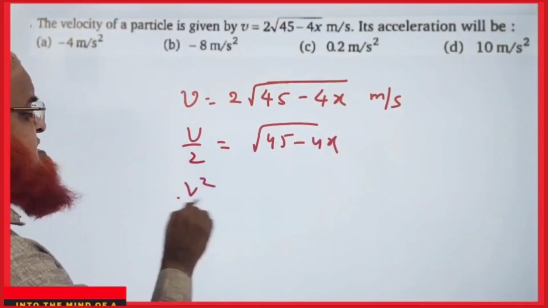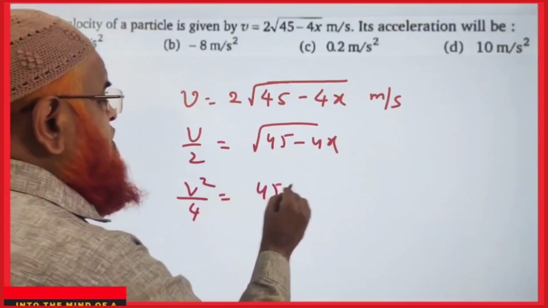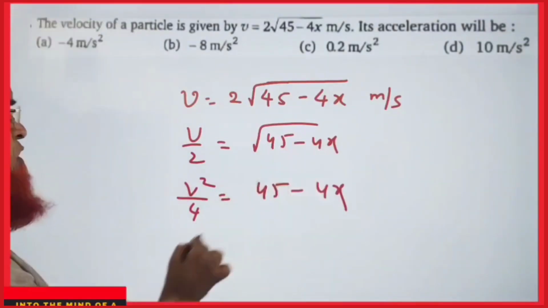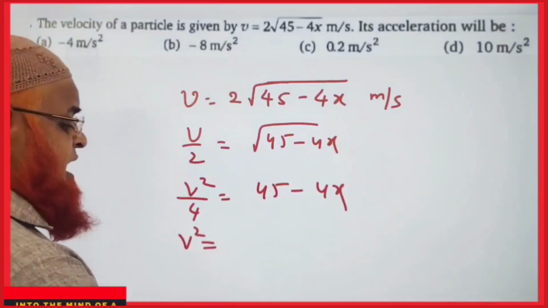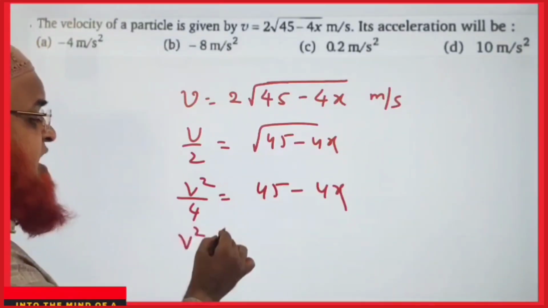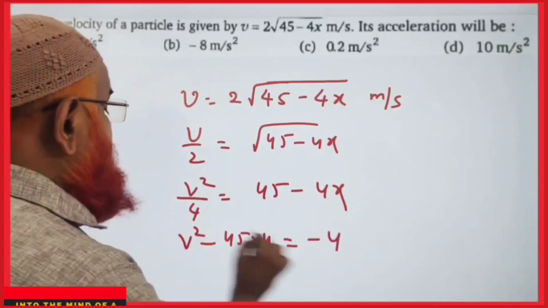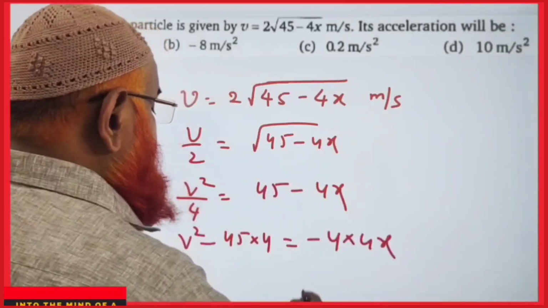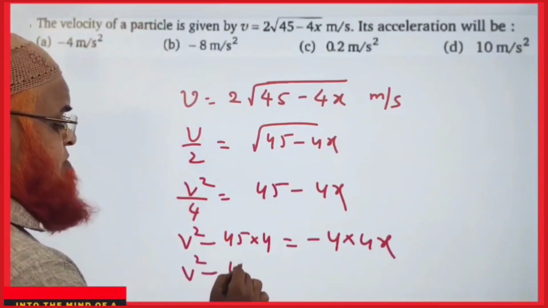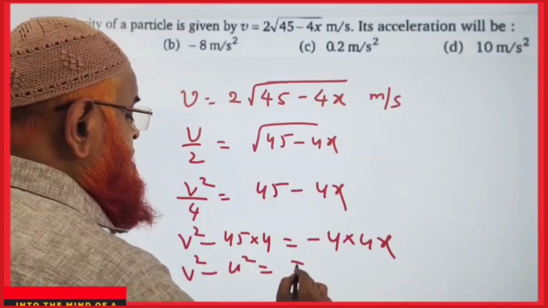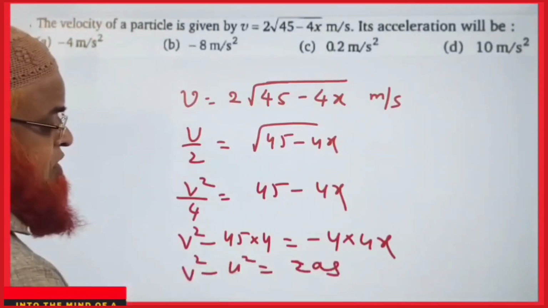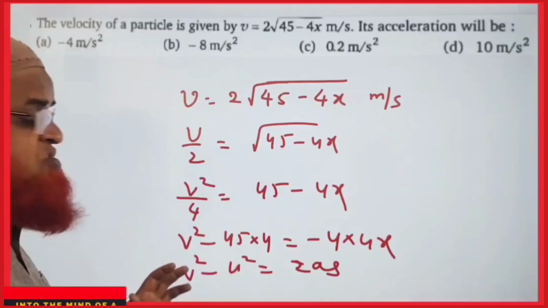Squaring on both sides, v square by 4 is equal to 45 minus 4x. You send this 4 to that side, it will become v square, and take this 45 to the left side and multiply with this 4, which is equal to minus 4 into x, which is nothing but v square minus u square is equal to 2as. You can use this formula, general equations of motion.